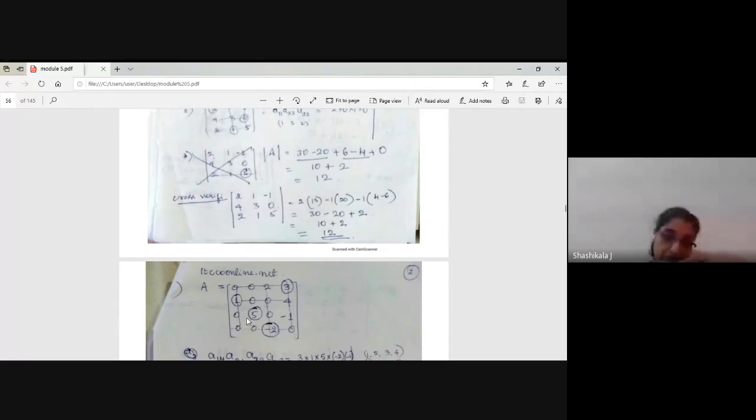If I leave all this, the left-out element is only 3. So here you will get only one combination. Yes, tell me the answer in the chat box. Please don't do it by the normal method. Do it by the big formula.